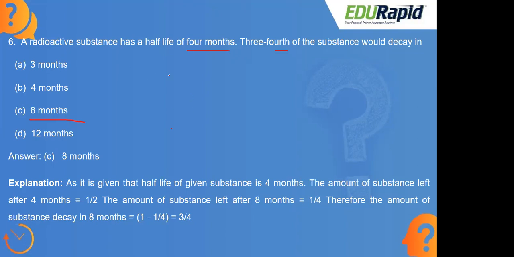For example, if we have one complete radioactive isotope, how long it takes to decay half of its content, that is what we call half-life. The time taken by this radioactive isotope to decay this part can be considered the half-life.